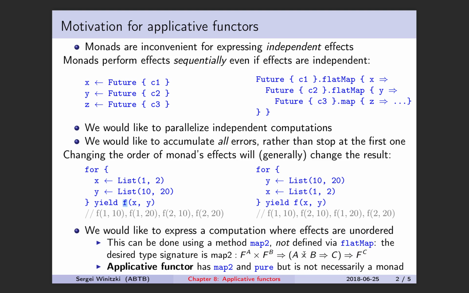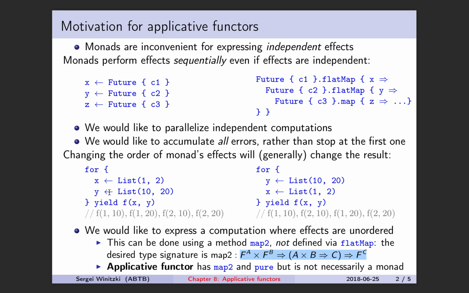Now, of course, this computation has this type signature. So if you have a monad for f, then you can define this function using this code very easily. X left arrow fa, y left arrow fb, yield f of xy. So that is the code that implements map2 in terms of Flatmap and map.